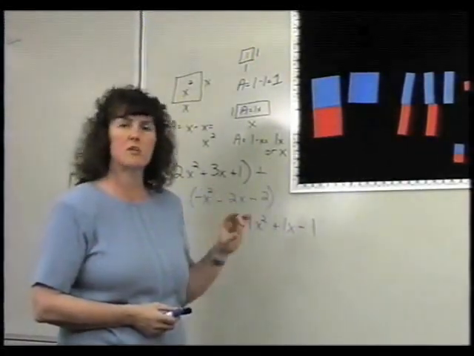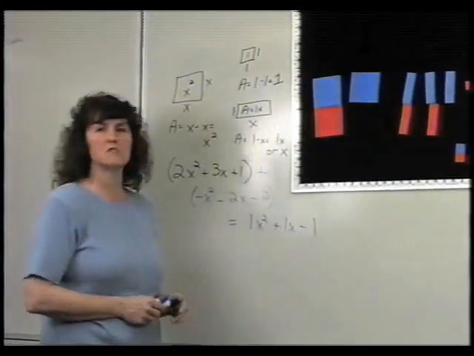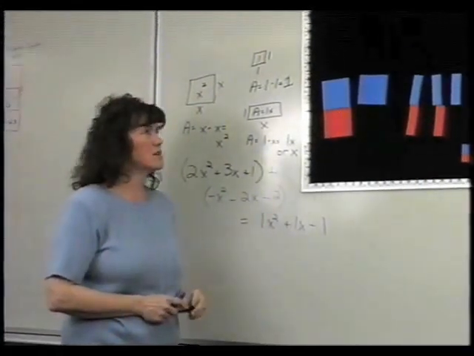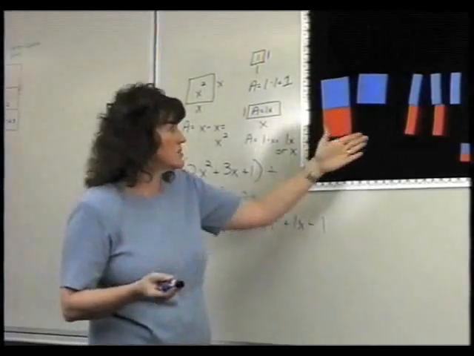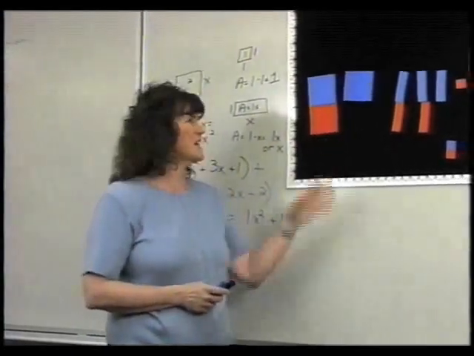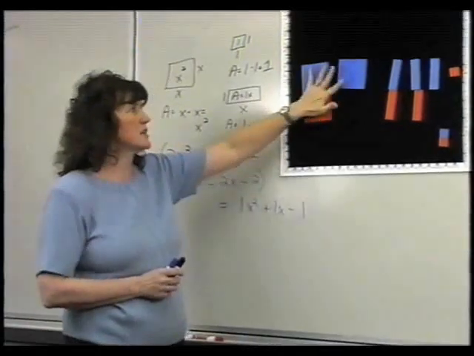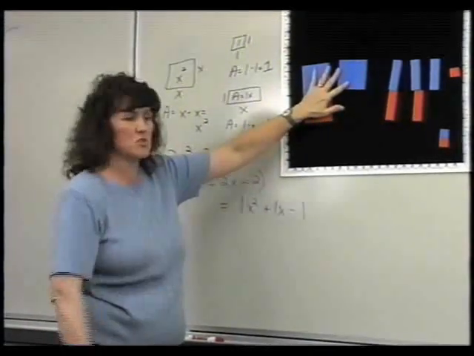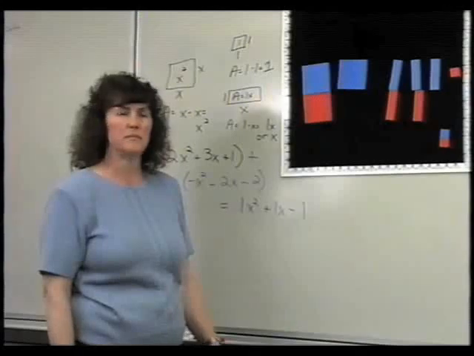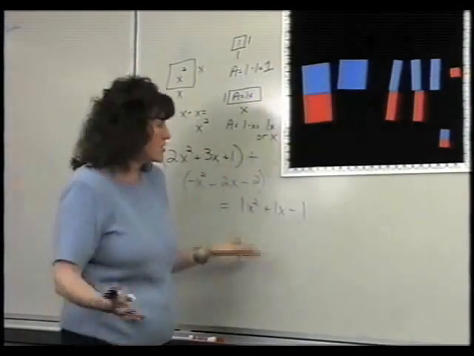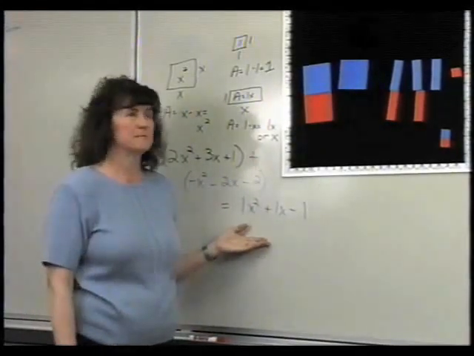And so you save them from all kinds of hassles that kids usually have when they combine like terms. And like I said, you can use this with very young students because they can see what the pictures are. And the most important thing is, as long as the kids can use the tiles, they can do all kinds of creative things with them as far as learning just foundational algebra topics.